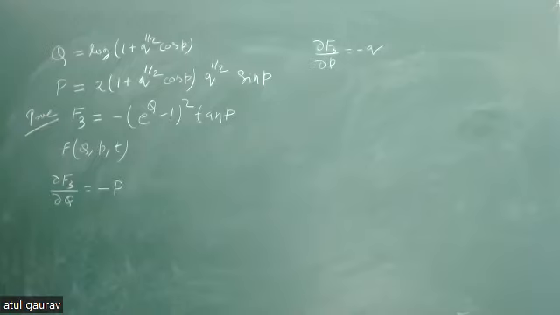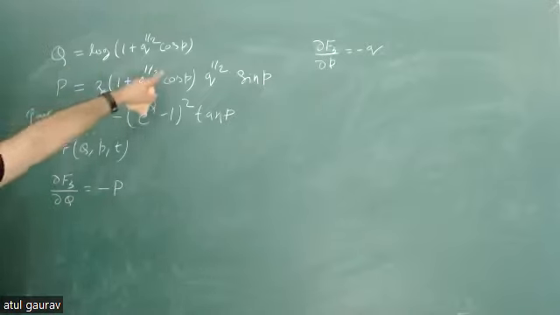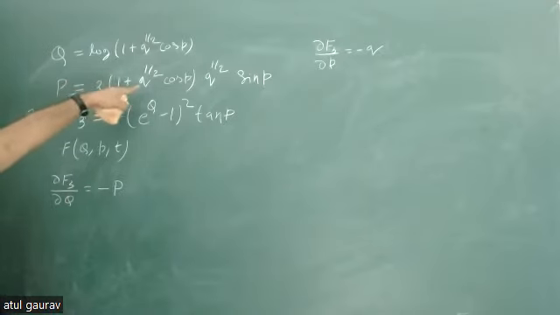Okay. Now look here. This capital P can be written as 2 times e to the power capital Q from here. Can we write this whole term? Yes, sir.